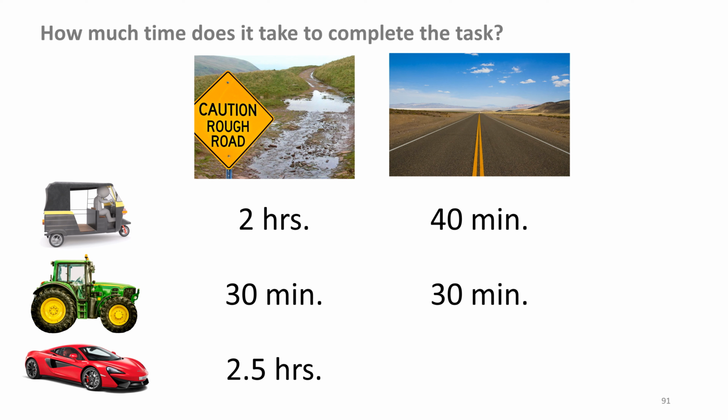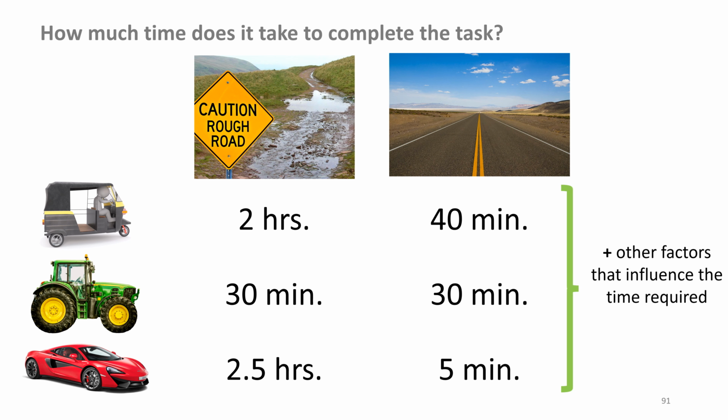On the right, on the other hand, the sports car can complete the distance in 5 minutes. The time needed depends on which of the three resources we take for our task. In addition, other factors that influence the time required must also be taken into account. More about this now.